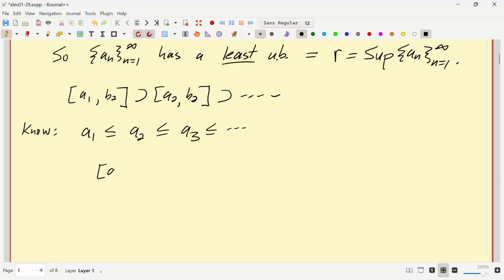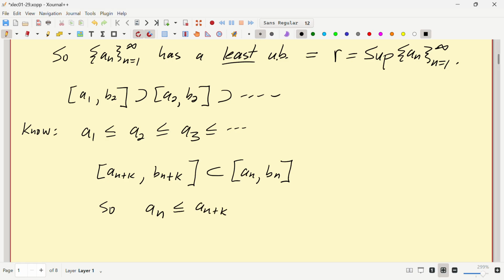So notice that [A_{n+k}, B_{n+k}] is contained in smaller numbered intervals. That means that A_n is less than or equal to A_{n+k}, and of course that's less than B_{n+k}, and that's less than or equal to B_n.